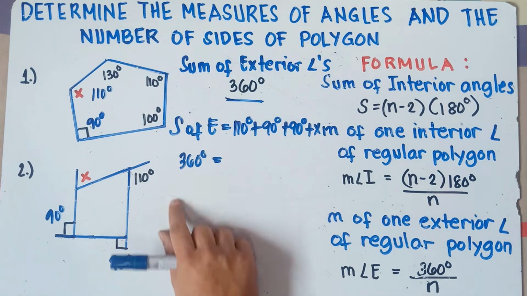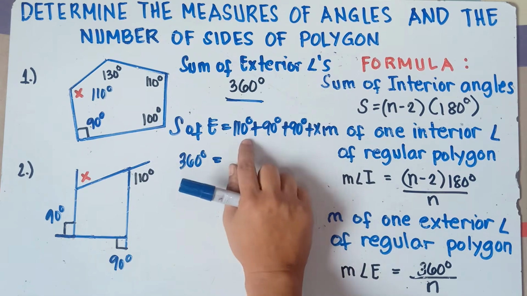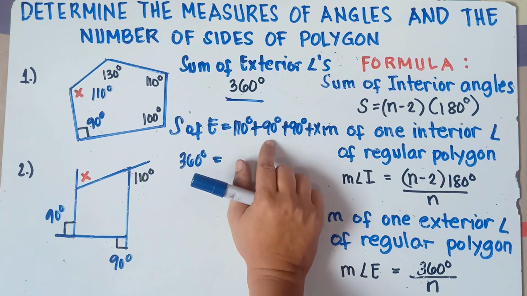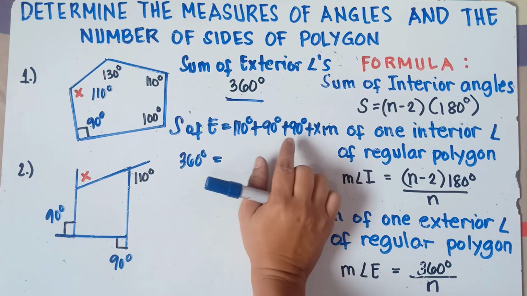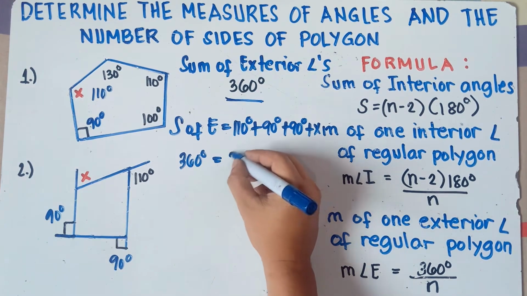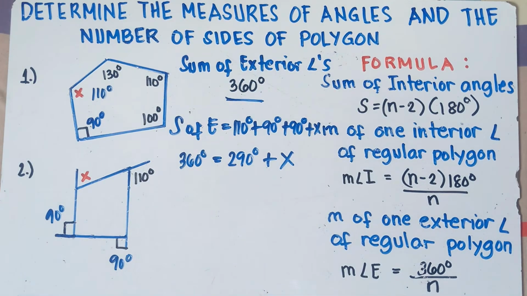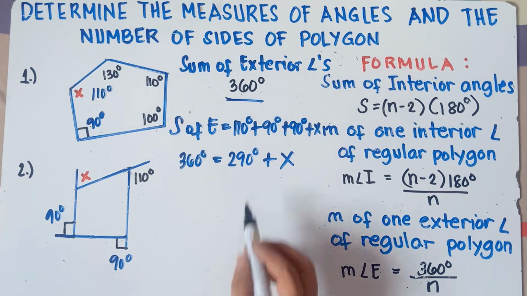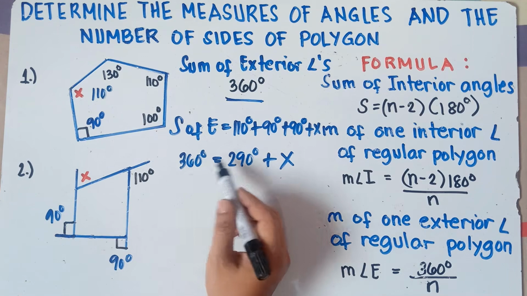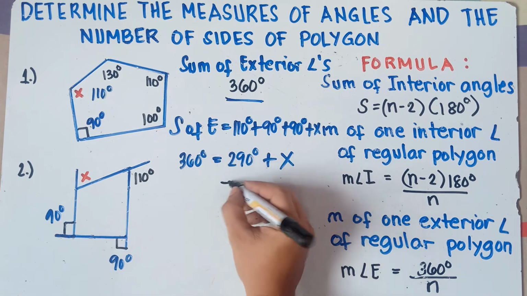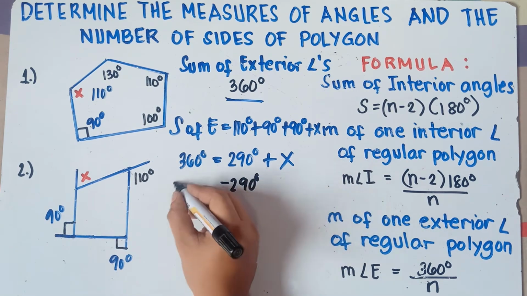So we have 360 degrees, and then we add this up: 110 degrees plus 90, that's 200 degrees, plus another 90, that would be 290 degrees plus x. Once again, we have two solutions. We can transpose 290 from right to left and change the sign, or we can simply subtract 290 from both sides.